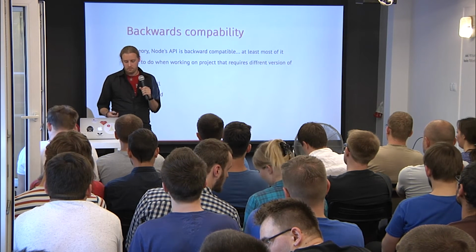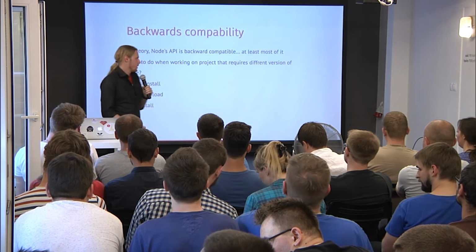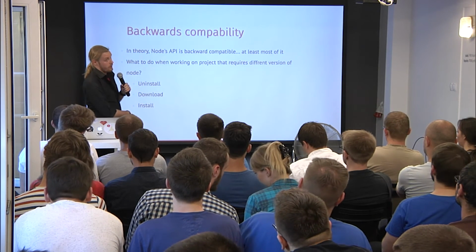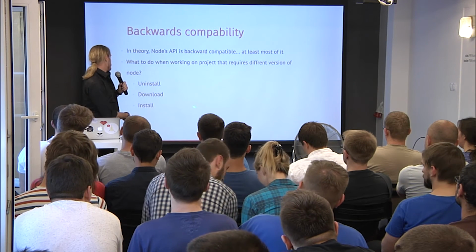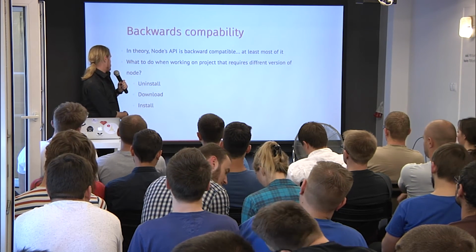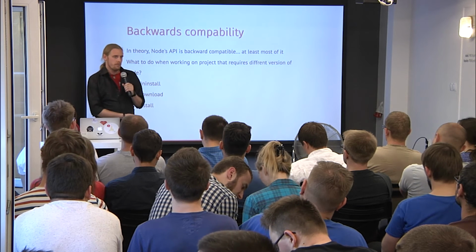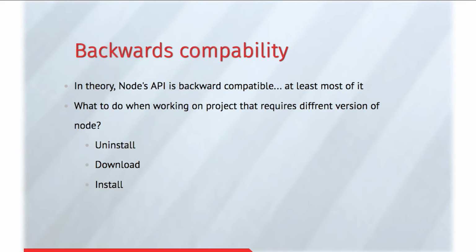What to do? What I used to do was the following: I uninstalled my version of Node, downloaded the required version of Node, and installed it. So that's pretty lame, right? I mean, why should I change my entire Node environment for one project that requires a different version of Node?